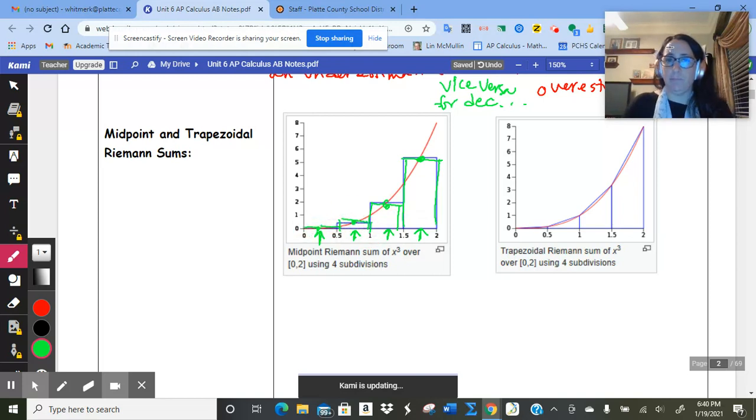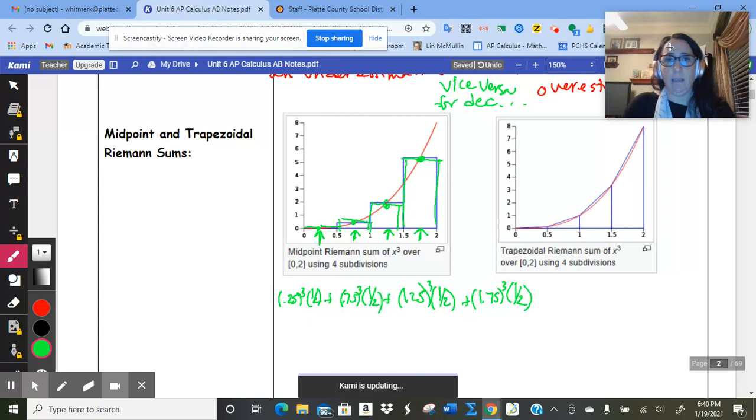So here, with this midpoint, I'm going to find the middle of this one. So that's 0.25 cubed, still times a base of 1/2. This would be 0.75 cubed times the base of 1/2, plus 1.25 cubed times the base of 1/2, plus 1.75 cubed times the base of 1/2.